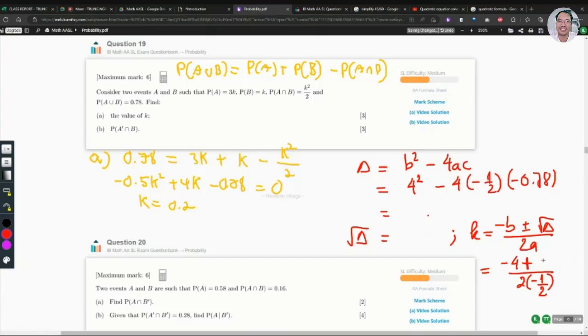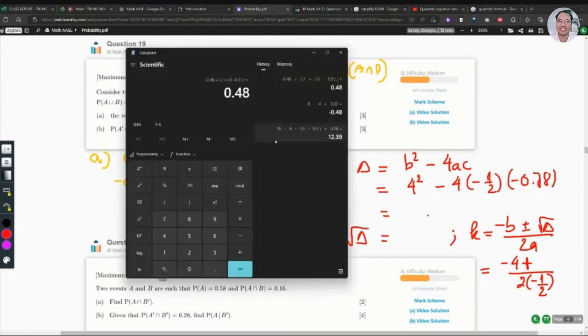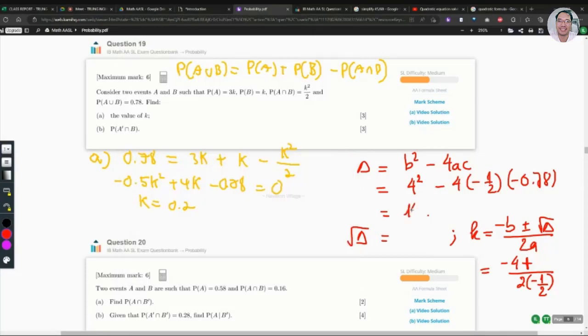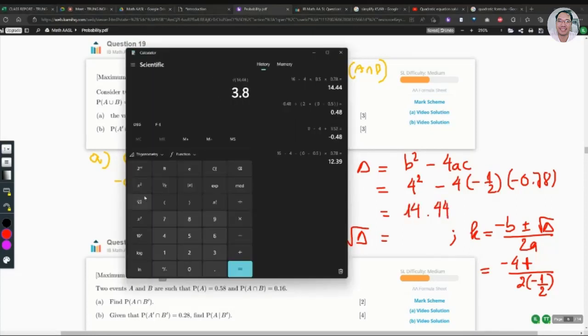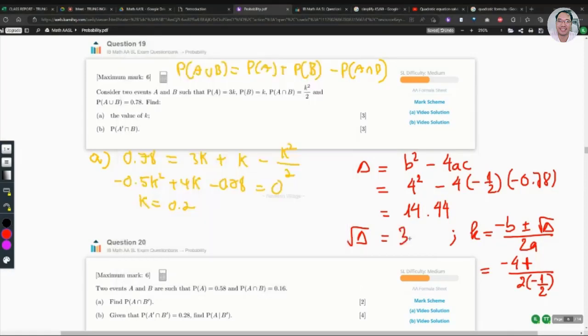Changing this number, the discriminant again. 16, and that is minus because there are 3 minus signs multiplied with each other: minus 4 times 0.5 and times 0.78. That gives 14.44. The square root of this is 3.8. Beautiful number.